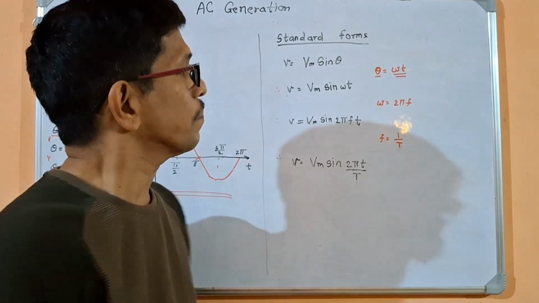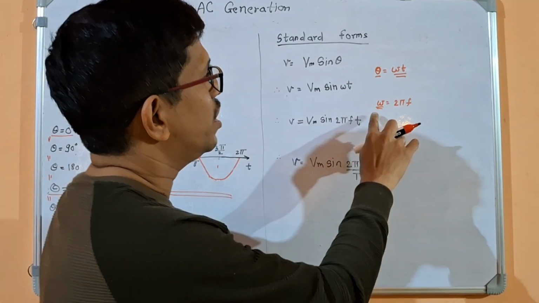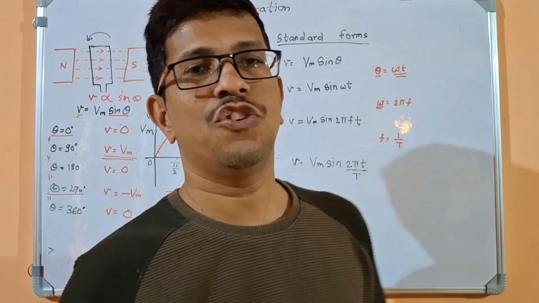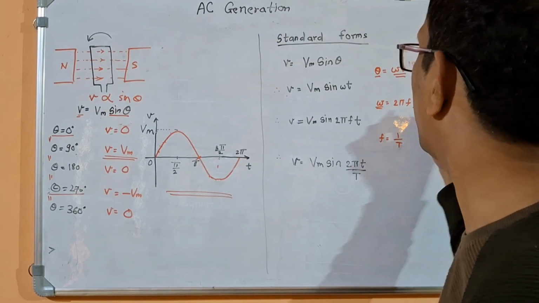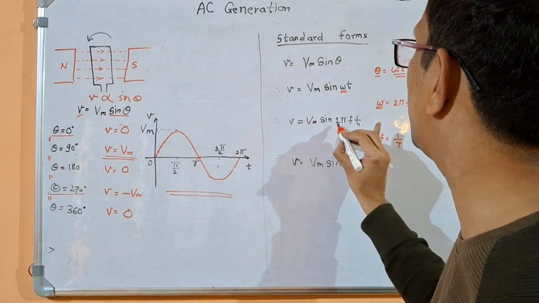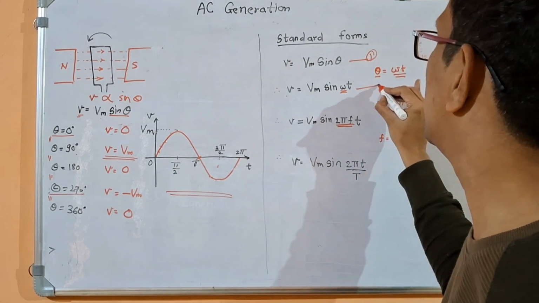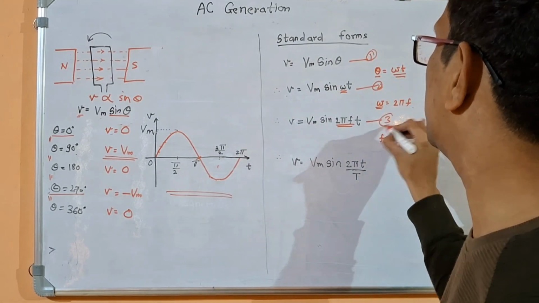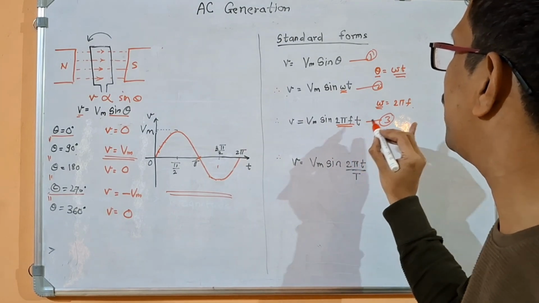Now what is omega? Omega is angular velocity, and its value is given by 2 pi f. So I am replacing omega with 2 pi f in my third equation, and I will get V is equal to Vm sin 2 pi f t.